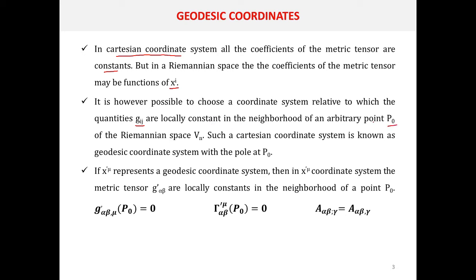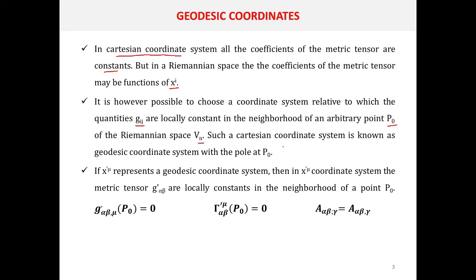In general, in a Riemannian space the metric tensor depends on the coordinates x^i, but we are choosing a special case in which the metric tensor g_ij is constant in the neighborhood of an arbitrary point p0 in the Riemannian space V_n.